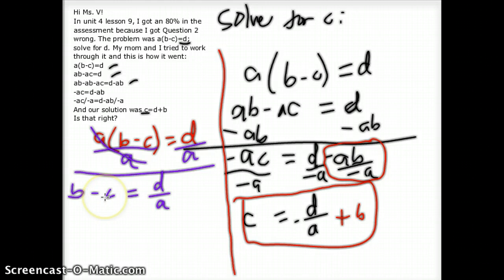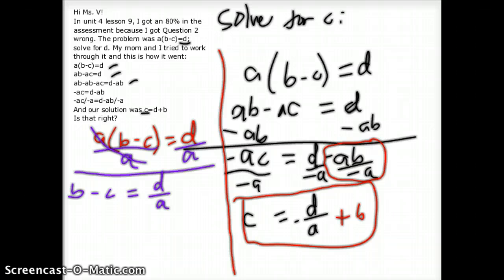Now we want C by itself. The easiest way to do this is to bring C on the other side. So what I'm gonna do is bring C here to make that positive, and then bring the D over A on this side, since the variable will be on the right hand side now. So watch.